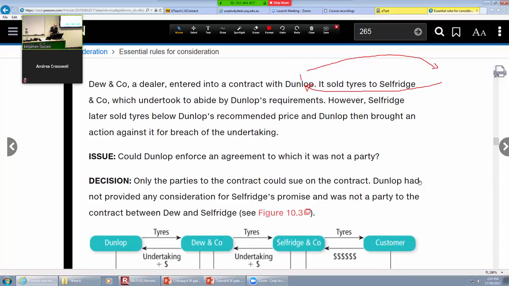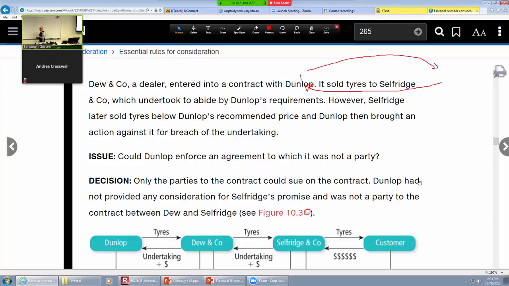So these guys sold tires to Selfridge, which is another retailer, which also undertook to abide by Dunlop's requirements. So again, we have another contract, simple contract, an exchange of promises. I give you tires, you give me the money, and the undertaking. So what's the problem? Selfridge sold these tires below the recommended price.